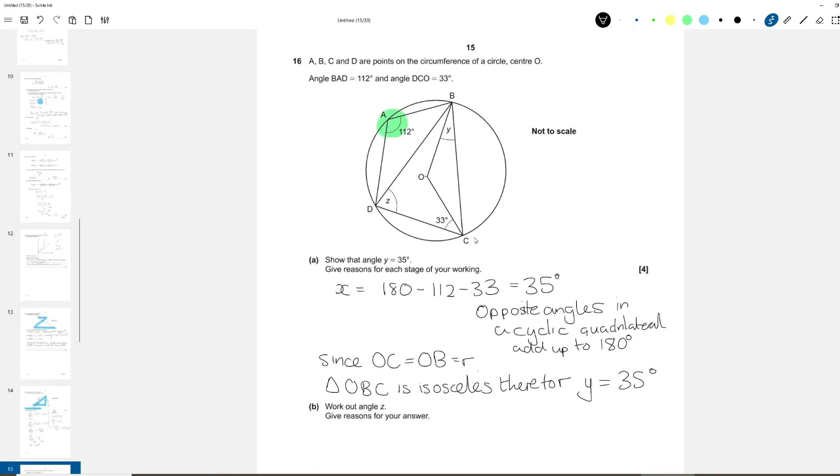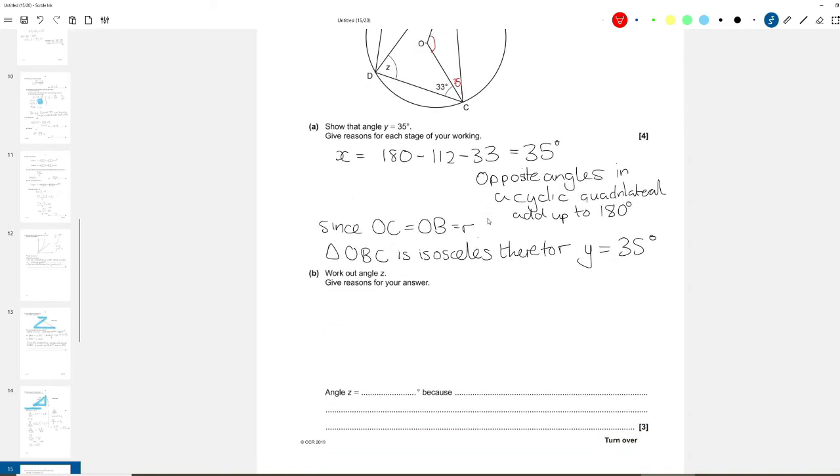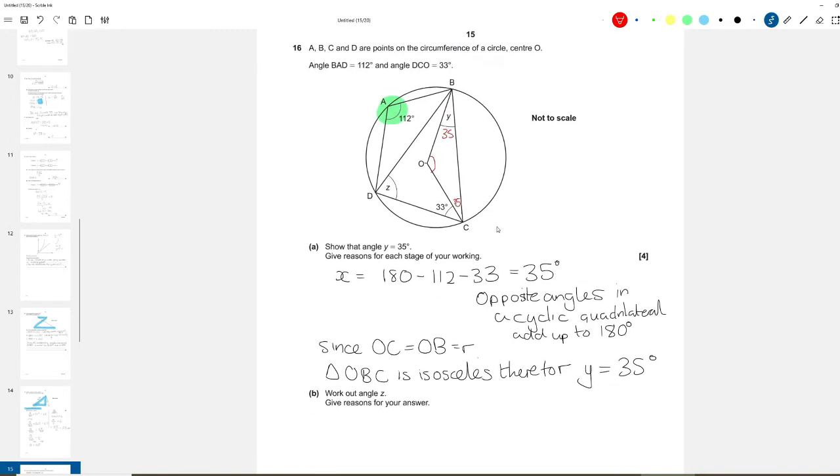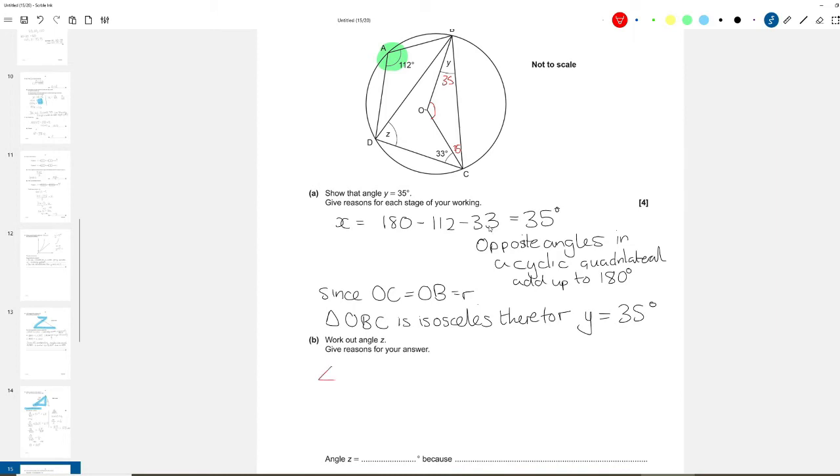So here I need to work out what Z is. So I have got y is 35, this is 35 as well. Now if I know this is 35 and this is 35, I know that these three angles should add up to 180. So I would say that angle BOC equals 180 minus basically 70, which is 110.